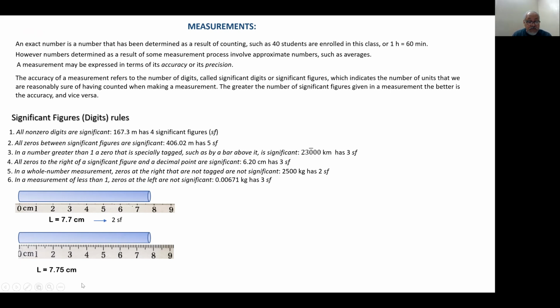We have that in this case for sure it is 7.7, but we have to guess the last one, 5. These 3 again form the significant figures or significant digits. And it's going to be 3 significant figures, correct? Okay, perfect. Remember, the last one is the guessed value.